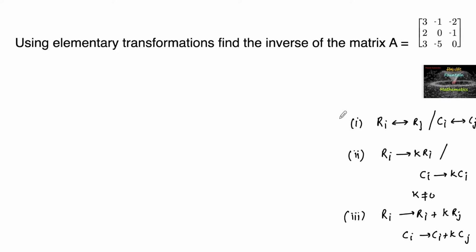So let's apply these 6 transformations, 3 on rows and 3 on columns, and these transformations are called elementary transformations. So let us use them to find the inverse of the matrix.